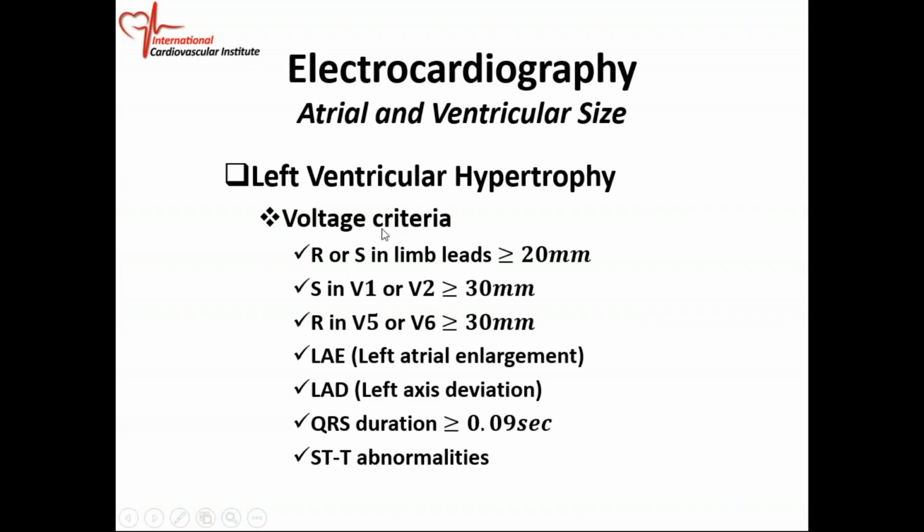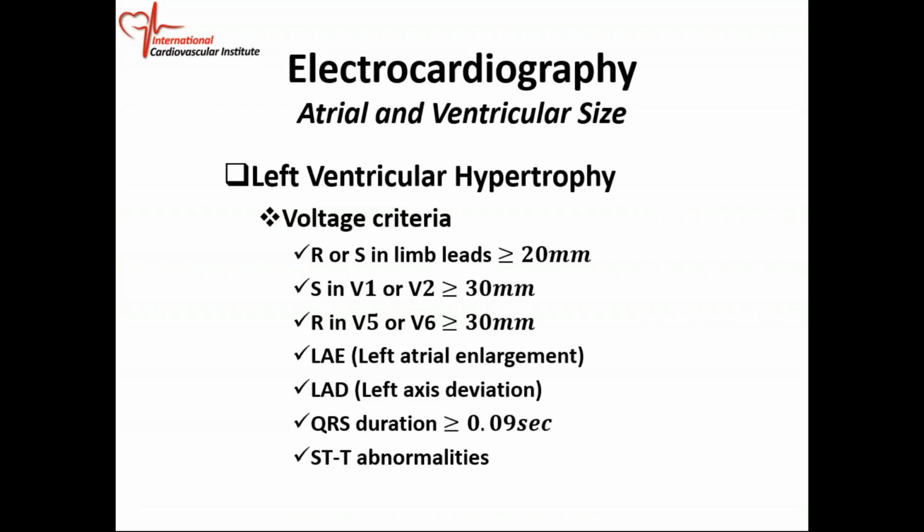So if you have a few of these present, you're going to have left ventricular hypertrophy. And what Estes did, he used a number system, and he combined all of these. If you have a certain number, you definitely have LVH, and then probably LVH, that type of thing.